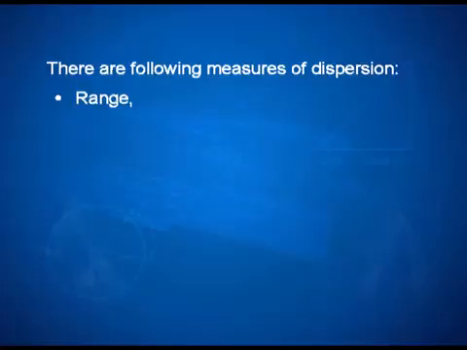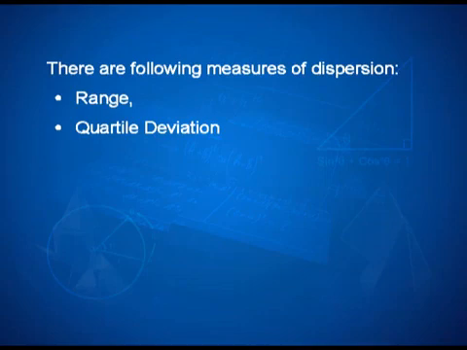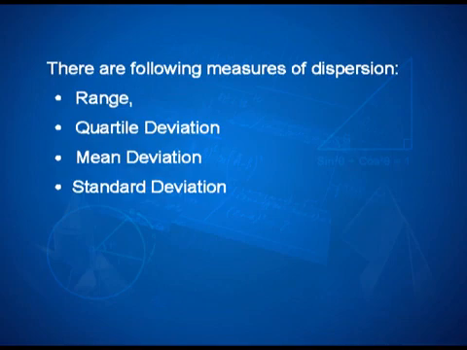There are following measures of dispersion. First, range. Second, quartile deviation. Third, mean deviation. Fourth, standard deviation. In this episode, we shall study all of these measures of dispersion except the quartile deviation.